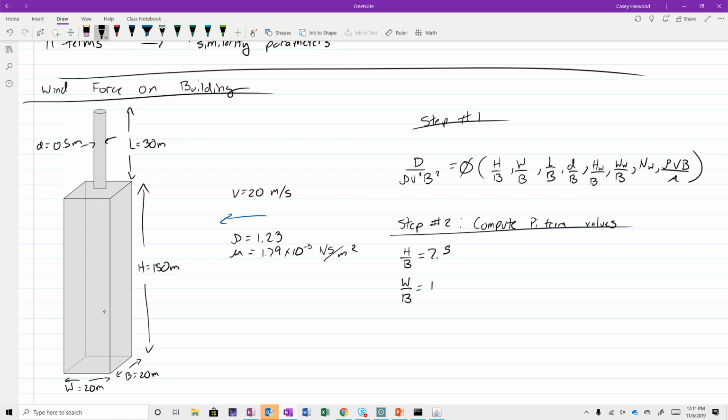The other values, the different length ratios, we could compute, but the one that we're really interested in is rho v b over mu, which we'll call the Reynolds number at the prototype scale. And if we plug in this density, this viscosity, this wind speed, 20 meters per second, and the 20 meter value for B, we're going to get a value of 2.75 times 10 to the 7th.